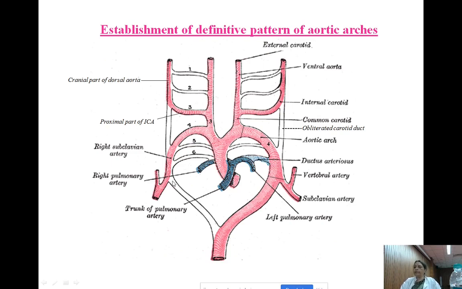And here you can see that on the right side, from the origin of the seventh intersegmental artery to its union with the left-sided dorsal aorta, that part is also obliterated. But on the left side it will not be obliterated, and it will form the descending thoracic aorta, and below the diaphragm, the abdominal aorta. So that is how the vessels are derived from the aortic arches.